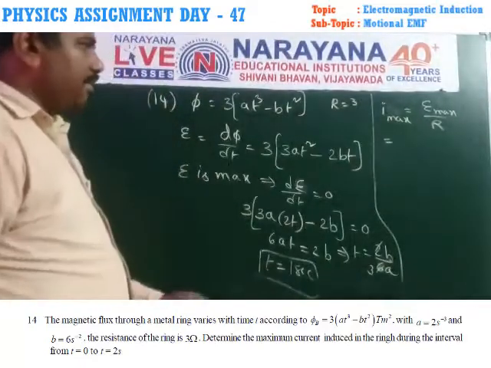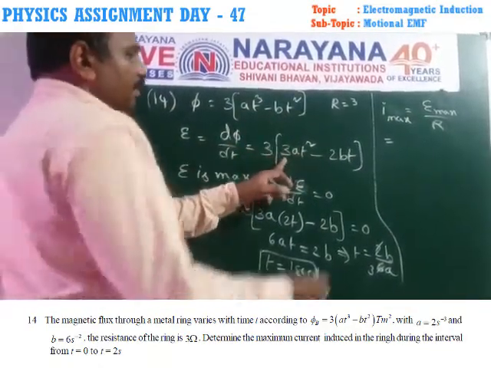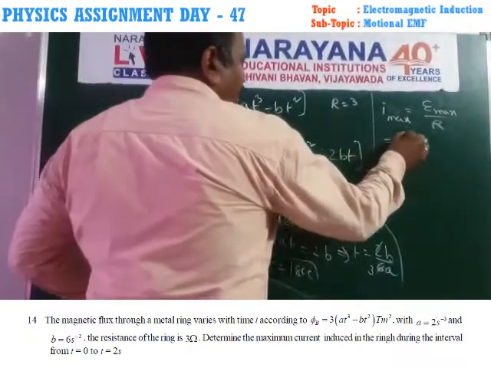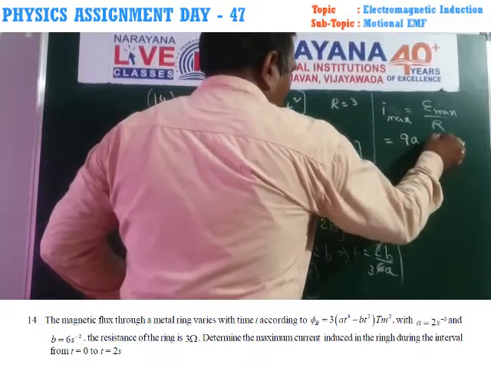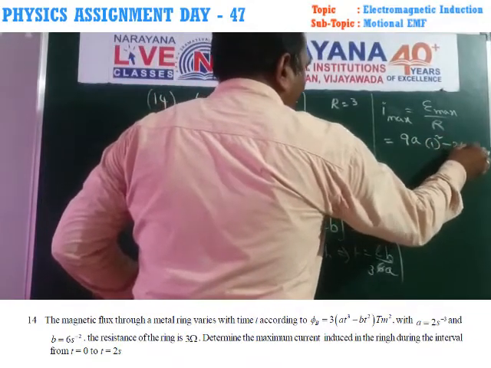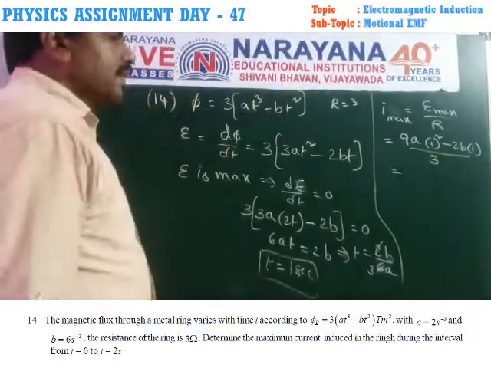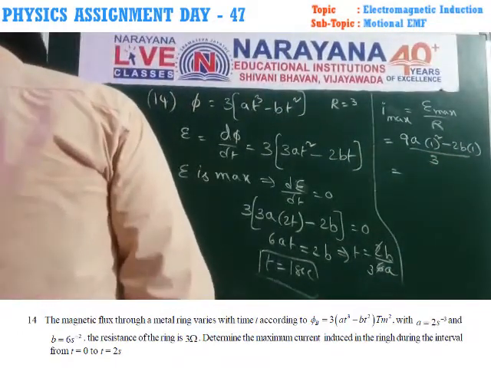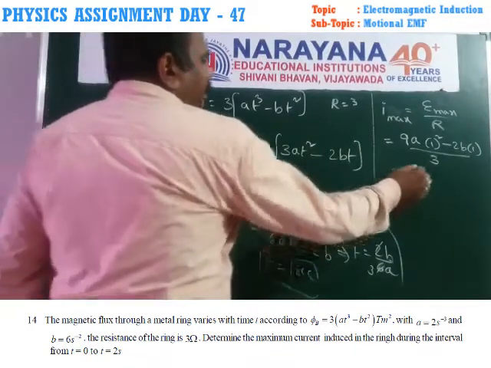So maximum EMF means this is the EMF. So 3 into 3 is 9, 9 into A, T square means 1 square, minus 2B into 1, by resistance 3. By substituting the values of A and B, we get 6 amperes.